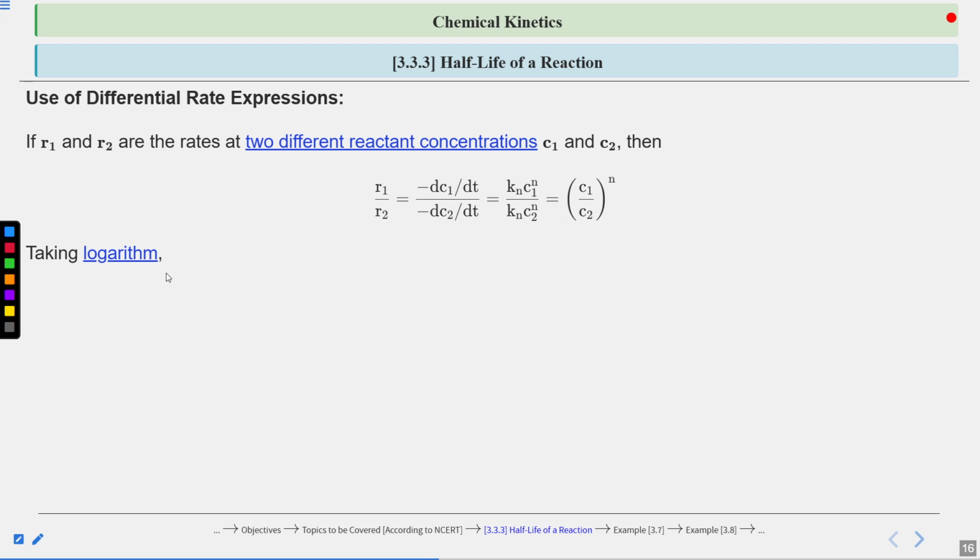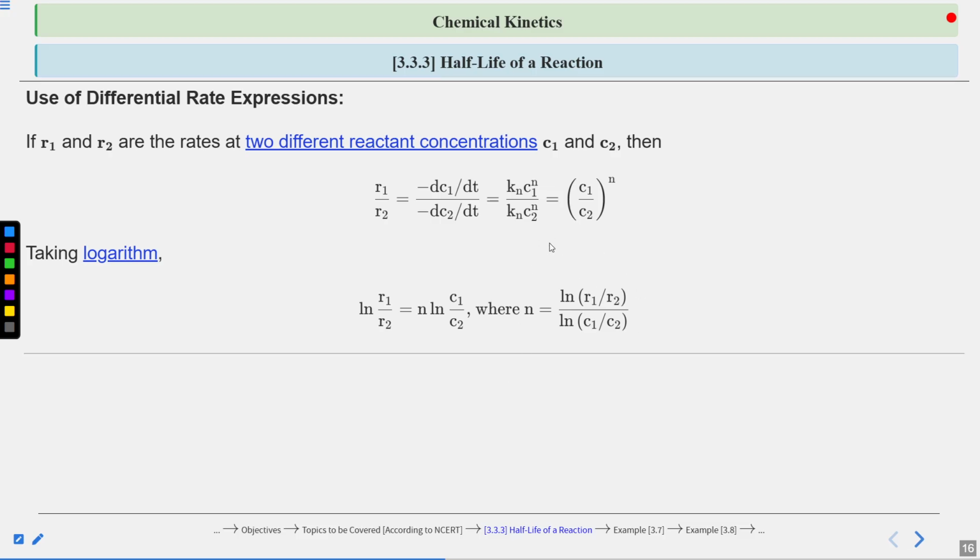Now taking the logarithm, ln of R1 by R2 is equal to n times ln of C1 by C2, right? This power will go in the product, so n is ln R1 by R2 upon ln C1 by C2, n representing the order of the reaction.